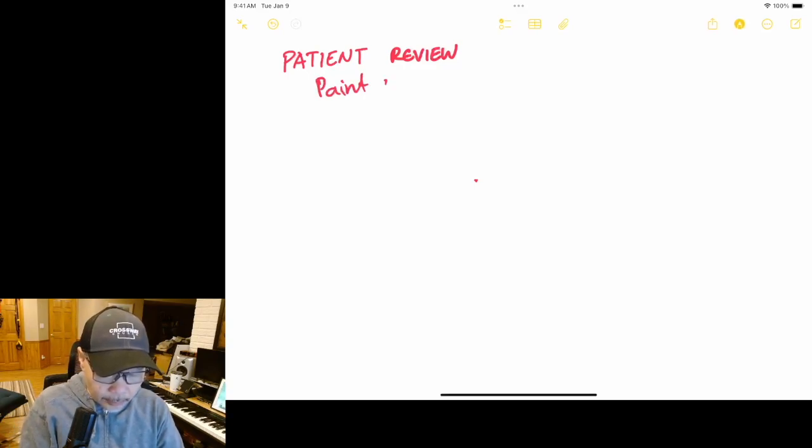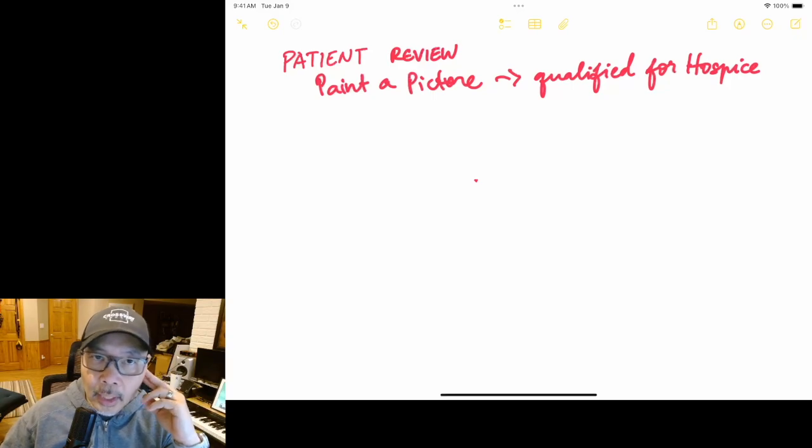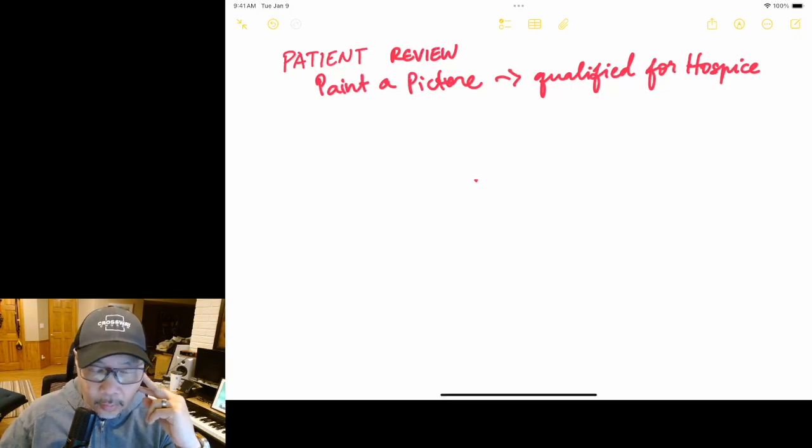Paint a picture to Medicare and to anyone listening that they are qualified for hospice. Because there has been a lot of questions on why a patient is on hospice, or are they still qualified.